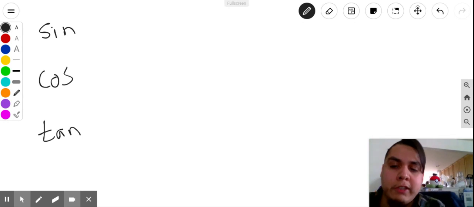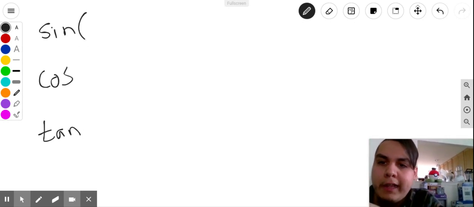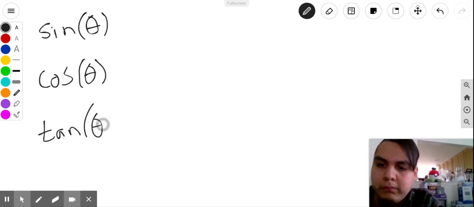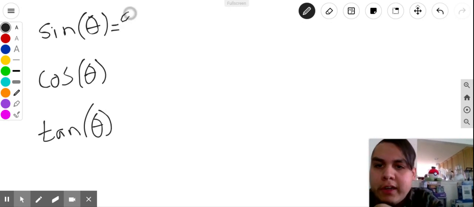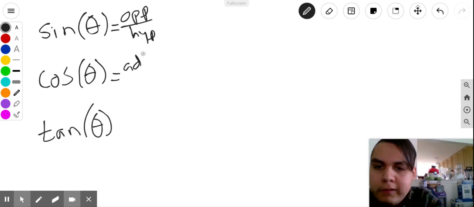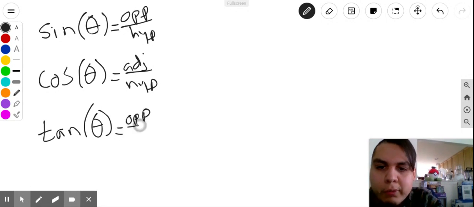Now, because they're ratios, I need to make sure I have an input of an angle for each of these. If we're talking about this in general, sine is opposite over hypotenuse. Cosine is adjacent over hypotenuse. And tangent is opposite over adjacent, as we just worked through a couple minutes ago.